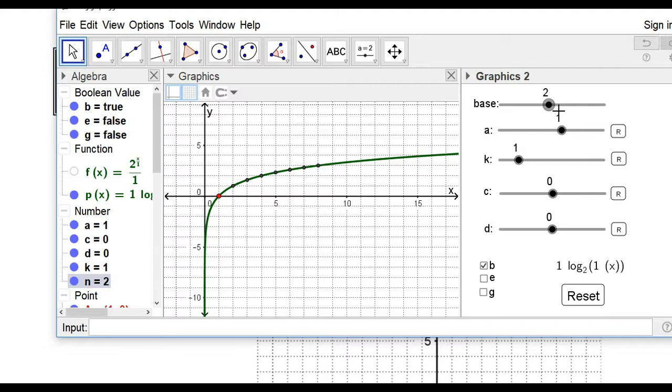But these parent functions all have a similar set of characteristics and properties. So we do think of them all alike. We don't exactly handle them as different parent functions the way we would quadratics and absolute value and that sort of thing. They're very similar, they're related, but when I change the base, it's not technically a transformation, it's a change of parent function. So just keep that in mind.